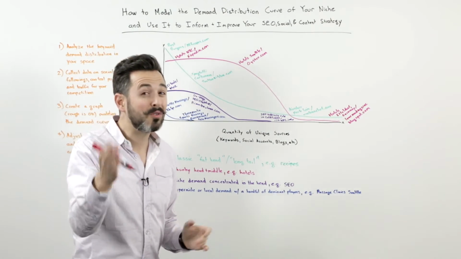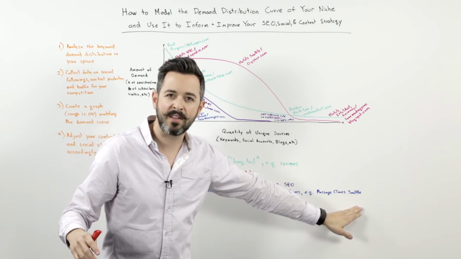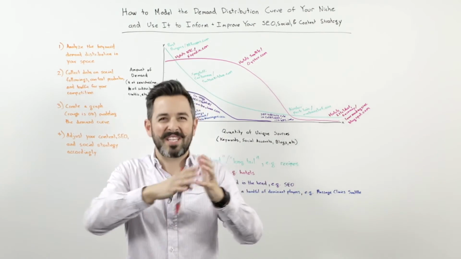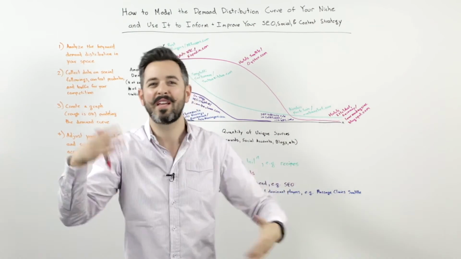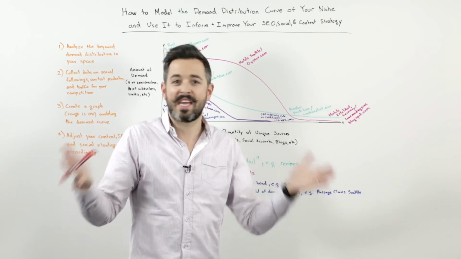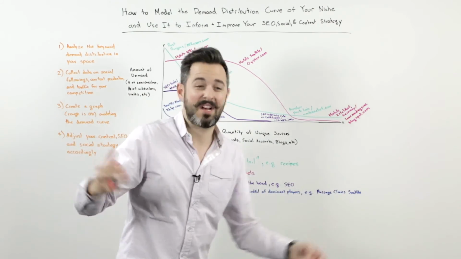This happens a lot in local SEO spaces, right? So if I'm running a massage clinic in Seattle, I only have a few keywords that I really care about at all, right? There's not this huge long tail of keywords that I can really target. People just aren't doing that much of a breadth of searches. They either want a massage in Seattle or they're searching for not massages in Seattle, right?